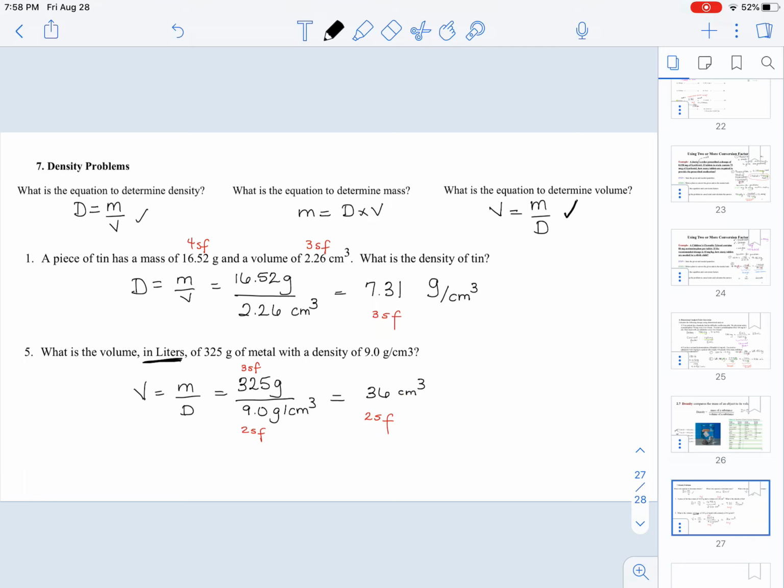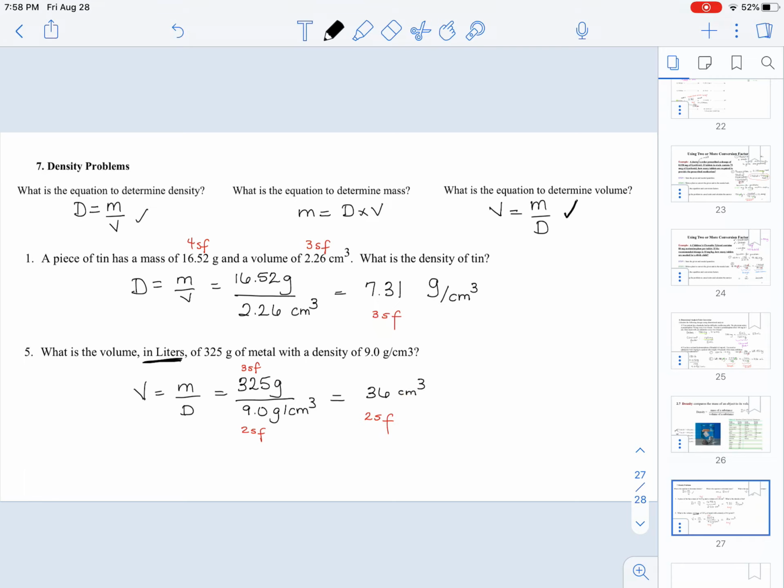Some of you will wonder how to relate centimeters cubed to liters. Understand that 1 centimeter cubed equals 1 milliliter. So centimeters cubed, or cubic centimeters, can be interchanged with milliliters.